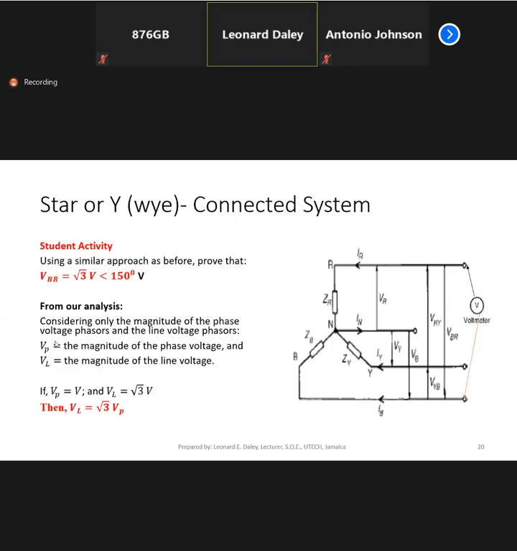Line voltages are equal to line voltages in terms of magnitude, and that holds for the star system; in the delta system you will see something a little bit different. Phase voltages have a different magnitude from the line voltages in the star system, but all of the phase voltages have the same magnitude.